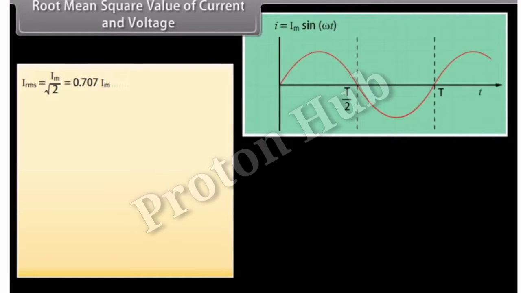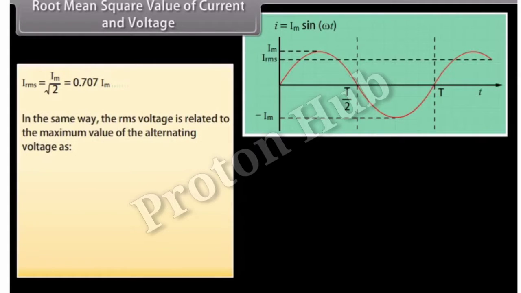IRMS = Im/√2, which is equal to 0.707 Im. In the same way, the RMS voltage is related to the maximum value of the alternating voltage.